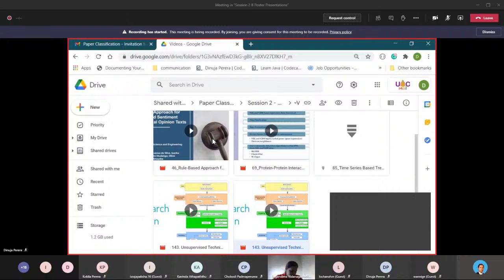The study she will present at ICTer 2020 is an outcome of her contribution to the Sigma Law legal information extraction, a project by the Data Search Research Center of the University of Moratuwa. Her title is Rule-Based Approach for Party-Based Sentiment Analysis in Legal Opinion Text. Now I hand over the session to Ms. Isanka.